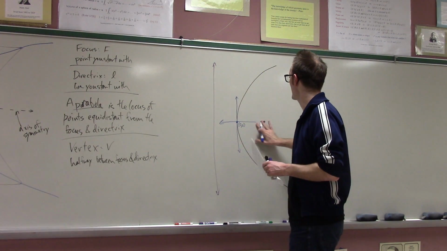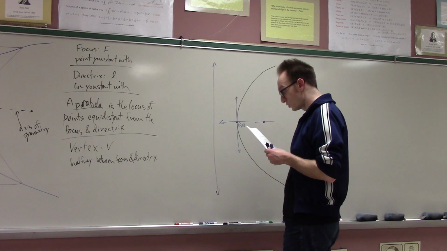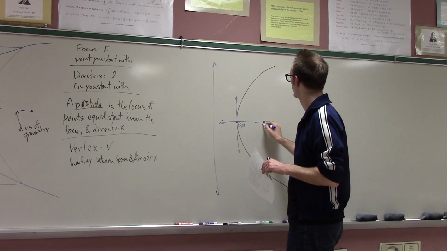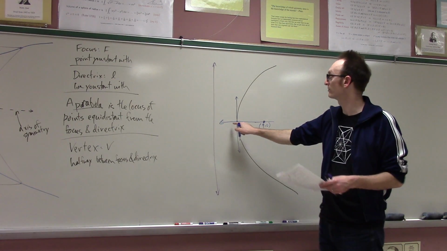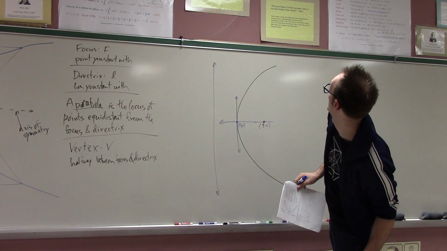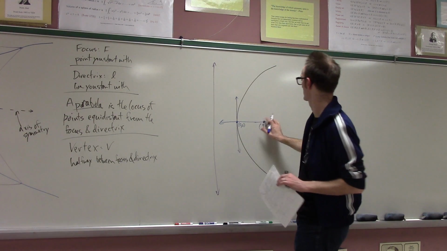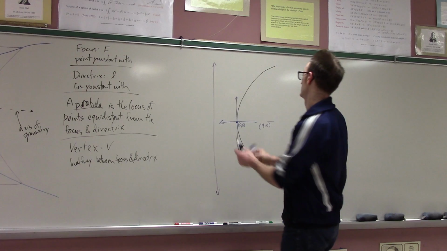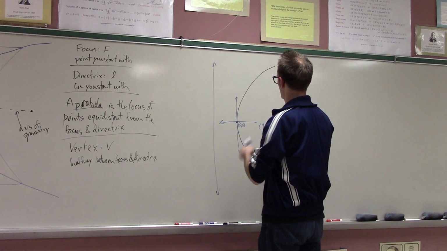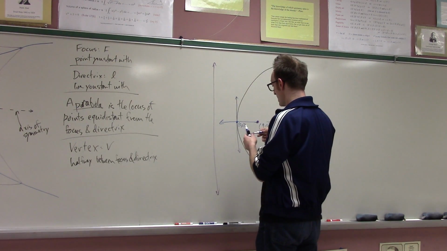And we have decided to use the letter Q to refer to the distance between the focus and the vertex. I want to move this slightly to make it look better. Something more like that is good.